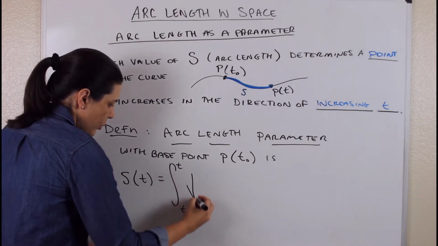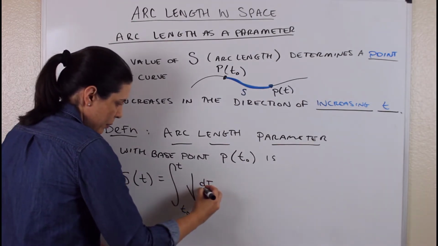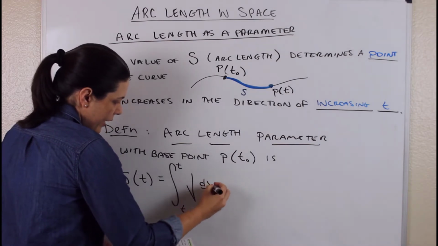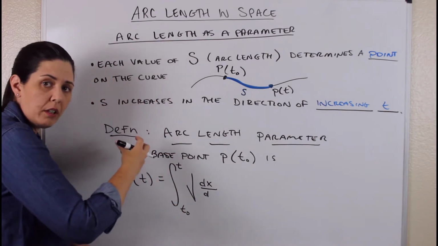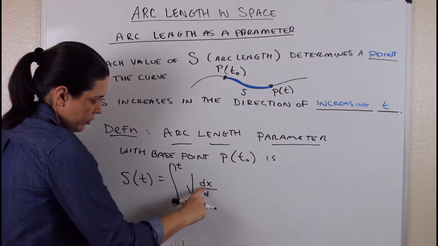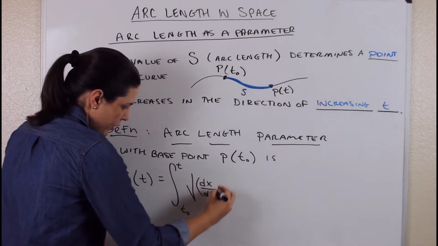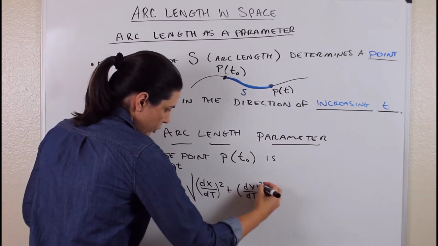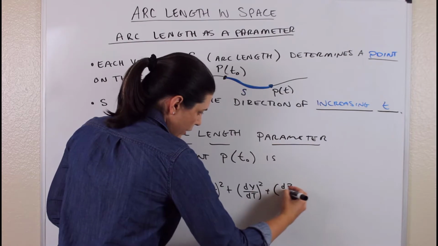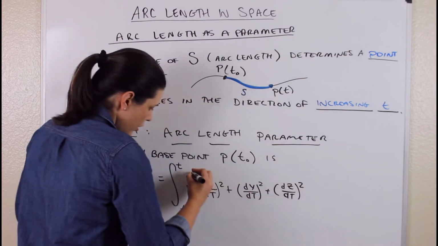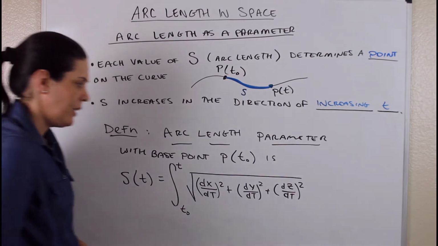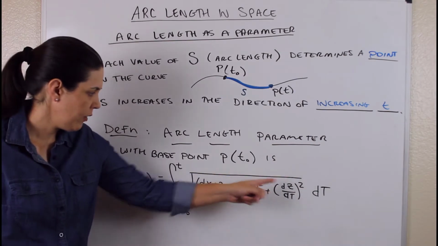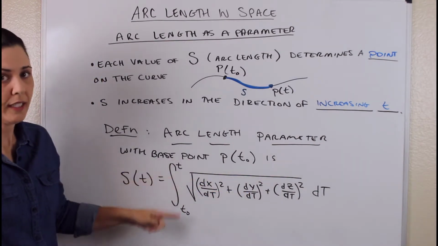So this is the square root of the derivative of x, the i component of our position vector function, with respect to capital T, quantity squared, plus the derivative of y with respect to capital T squared, plus the derivative of z with respect to capital T squared, all of that in our radical, and then this is with respect to capital T. Again, I'm just changing the letter because when I evaluate this, I'm plugging in lowercase t.